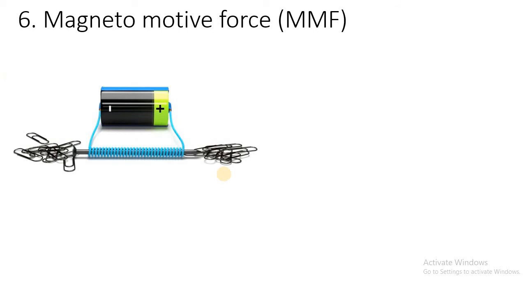Because when we are increasing the number of turns of the magnetizing coil, ultimately we are increasing the length of the magnet. Are you able to understand? Length of magnet, because the number of turns decides how much effective length of the nail is going to act as a magnet.